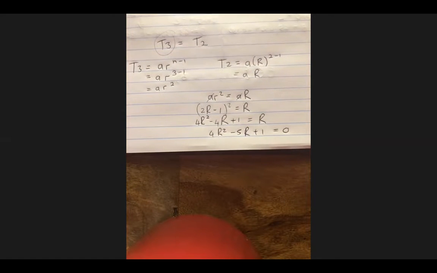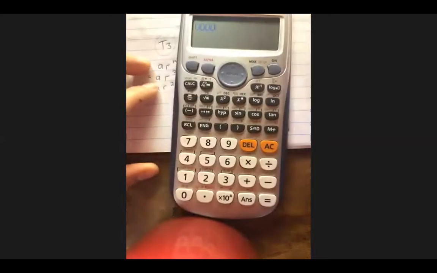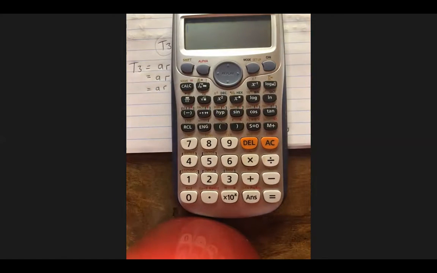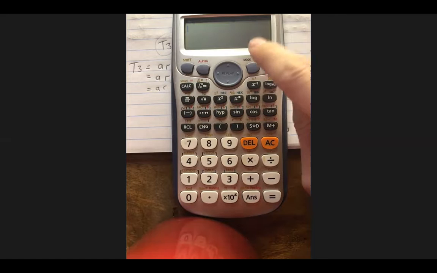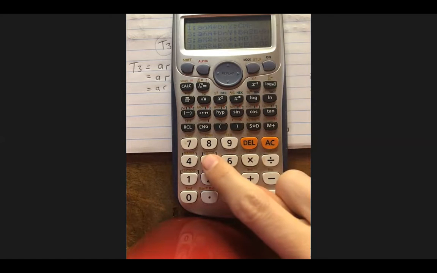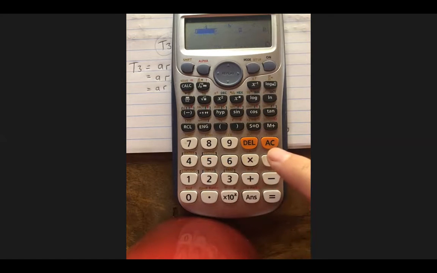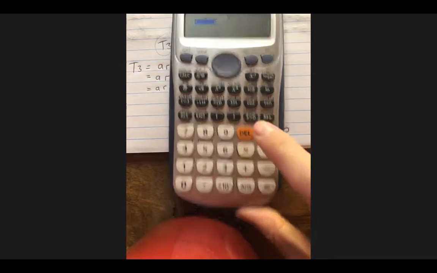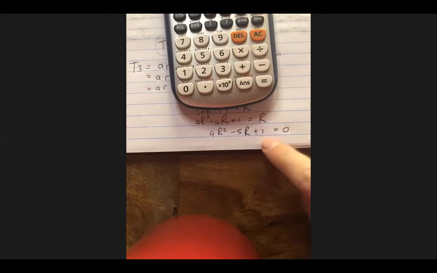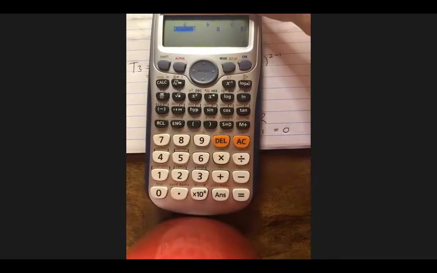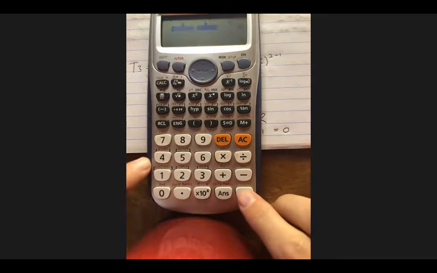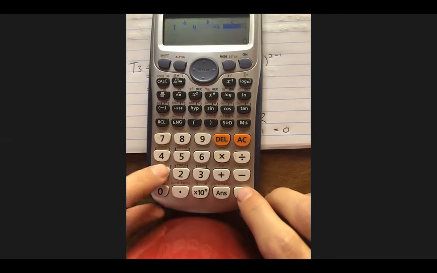Let me just show you how to do a trinomial on your calculator if you want to save some brain capacity for more difficult questions. You go mode 5, equation 3, and you type in your coefficients. I've got 4, negative 5, 1. So just check how you do that: 4 equals, negative 5 equals, 1 equals.